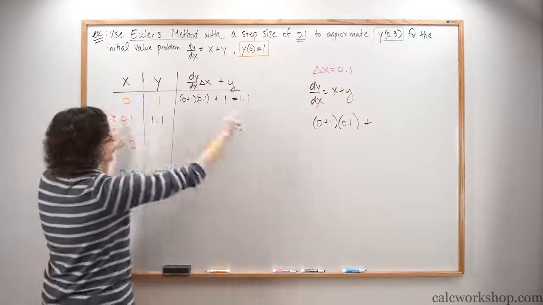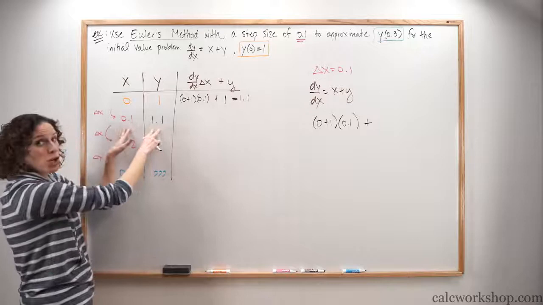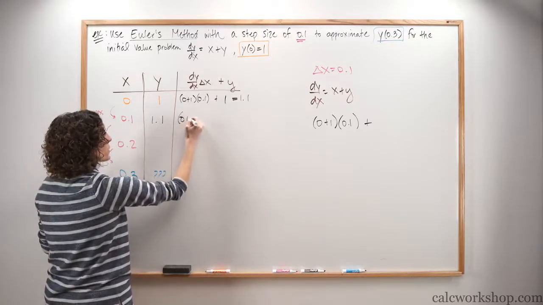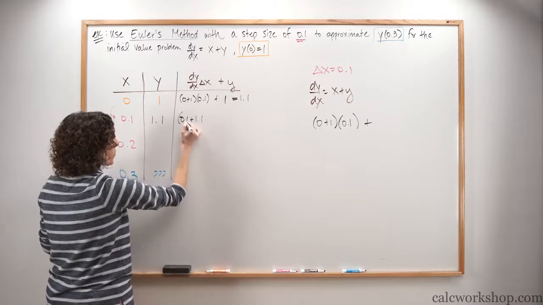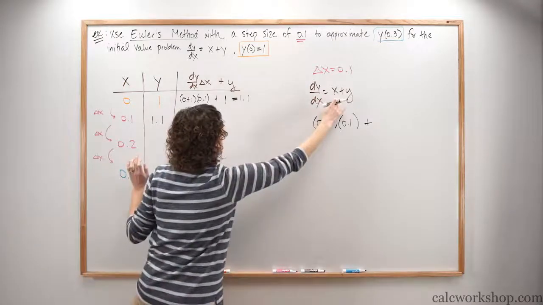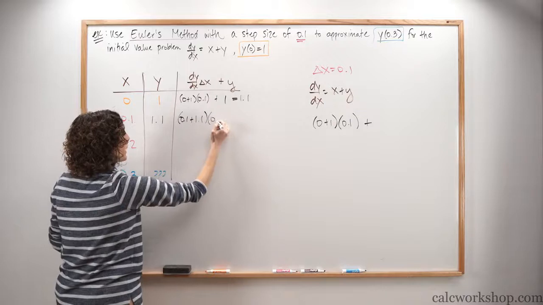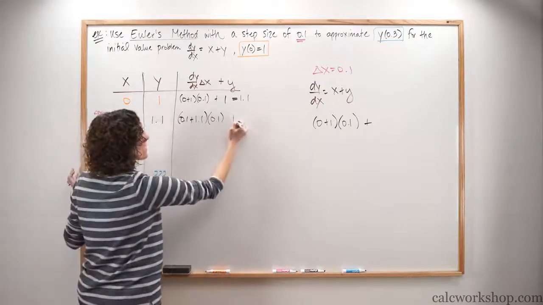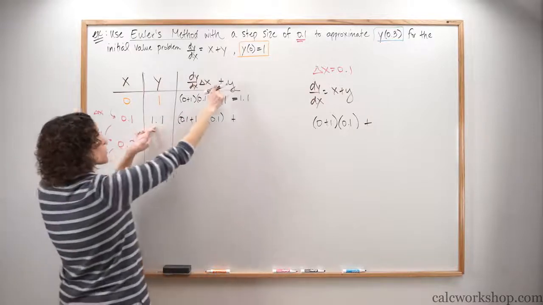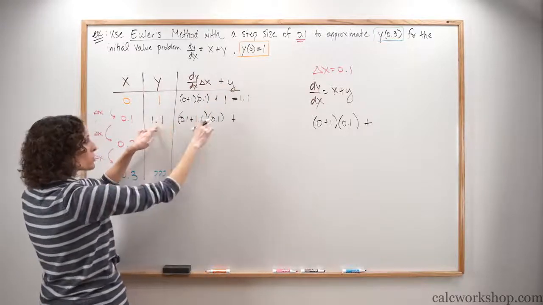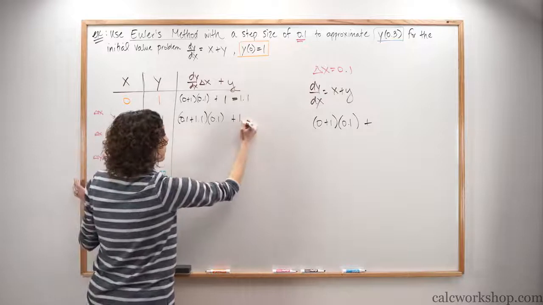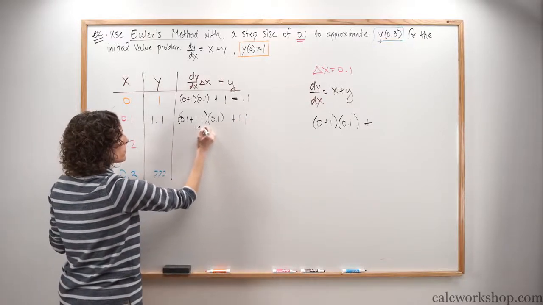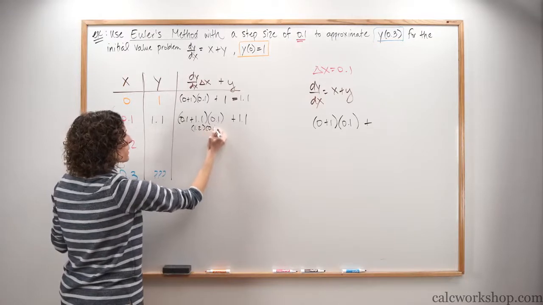So now we're going to complete the process using these two current x and y values. So when we plug in, we have 0.1 plus 1.1 into my xy value. We're still multiplying it by the same delta x. That's not changing. But now we're going to add it to the current y value. This y represents the current y value in the row. So we say 1.1. So here, this gives us 1.2 times 0.1.